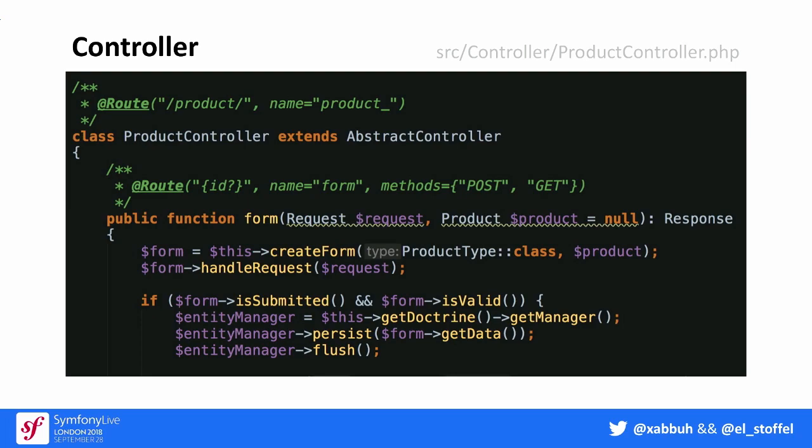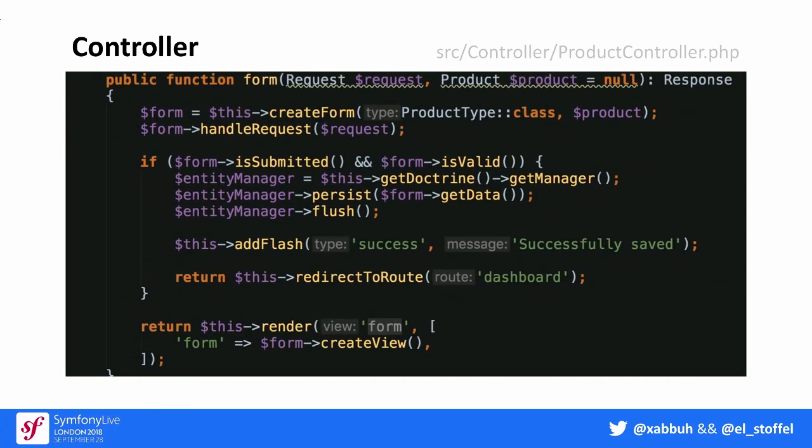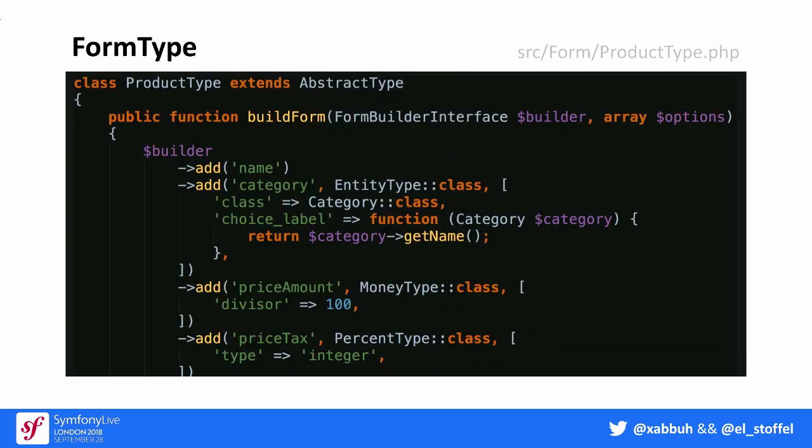It's a form action dealing with a product type, binding the request to the form, checking if it's submitted and valid, and then persisting the data of the form in a successful validation process, and then adding a flash message and redirecting to the dashboard. So nothing very complex, and in case it's not valid or is not submitted, we render the form with errors or just plain.